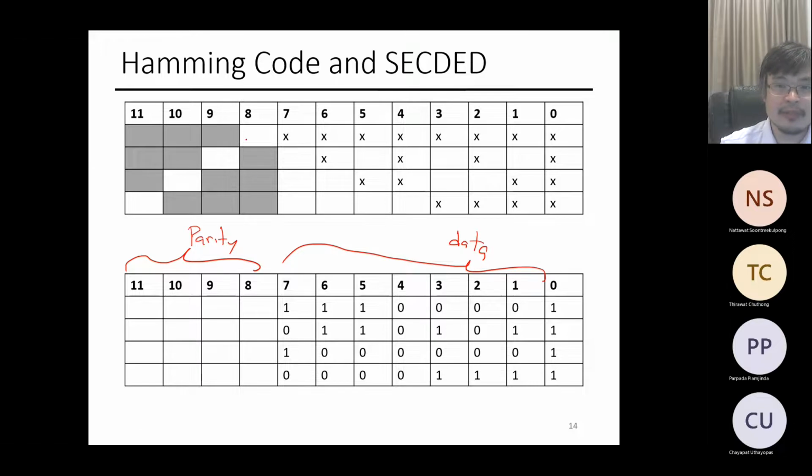And you can use the pattern. Basically, the parity bit at this position will XOR everything marked. When you have the letter X, it means I XOR that bit. The parity bit at number 9 here would XOR just bit number 6, bit number 4, bit number 2, and bit number 1. The parity bit at bit number 10 would XOR bits 5, 4, 1, 0. And the parity bit at position 11 would XOR the first 4 bits.